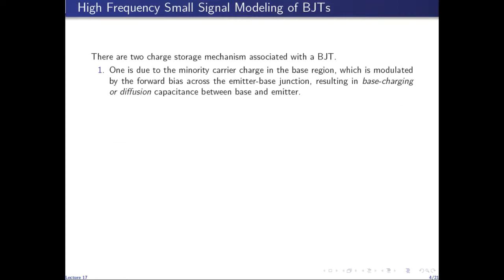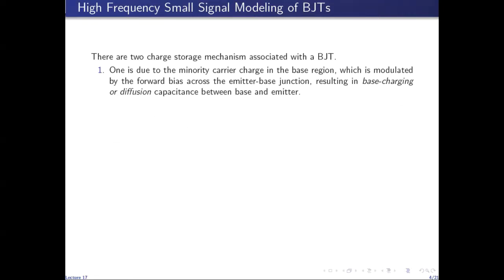So electrons are injected from the emitter into the base, and within the base region, these electrons act as the minority charge carriers whose concentration decreases from the emitter-base junction towards the collector-base junction within the base region.